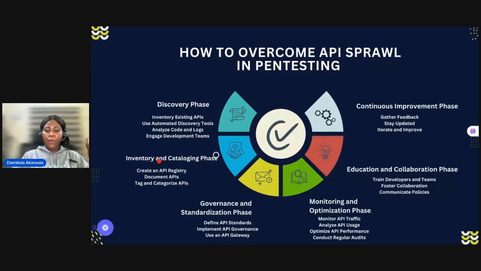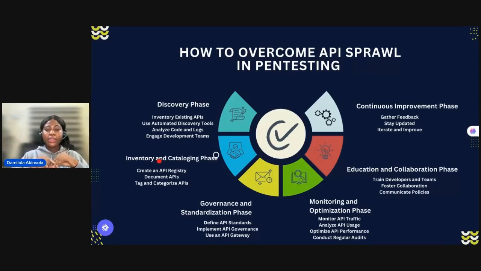Here we have quite a number of tools that you can use, like Grafana, Prometheus, and Datadog, to help you track API performance and their usage. You can also set up alerts for unusual activities, security threats, or performance degradation using the security tools that you have. And then regular audits need to be conducted.